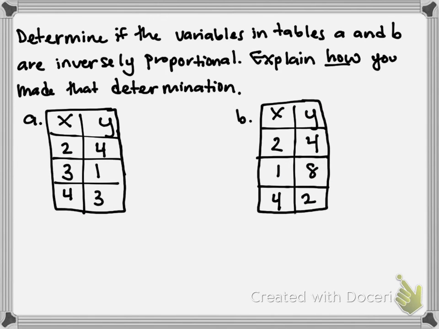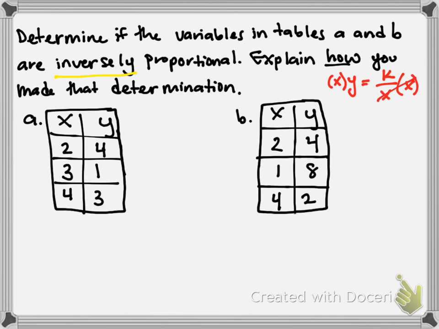All right, last one. Determine if the variables in tables A and B are inversely proportional. Explain how you made that determination. So, step one. What is my equation for inverse variation? y equals k over x. Solve that for k.